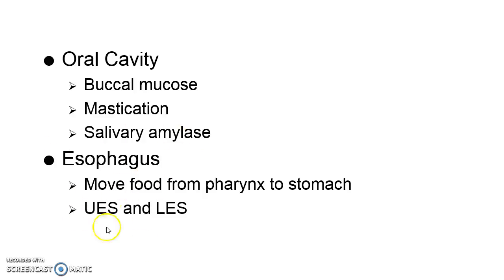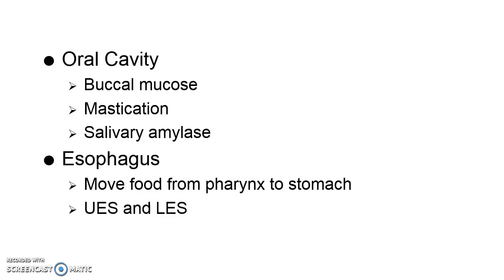Our next component is the esophagus. Its function is to help move food from the pharynx to the stomach. There are 2 sphincters correlated with the esophagus. We have our upper esophageal sphincter, the UES, and when at rest, whenever we're not eating or swallowing, that UES is closed to not allow air into the esophagus during respiration. Normally that UES opens only when we're swallowing food to go into the stomach.